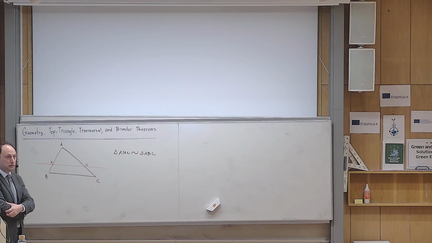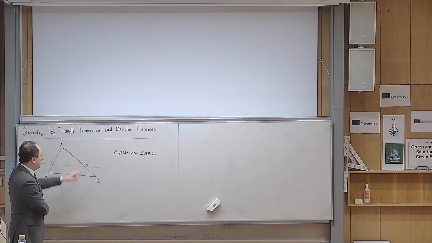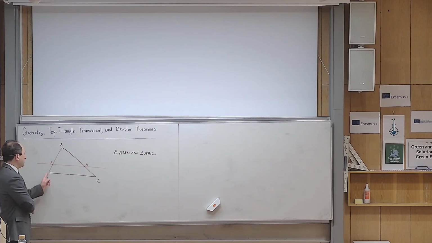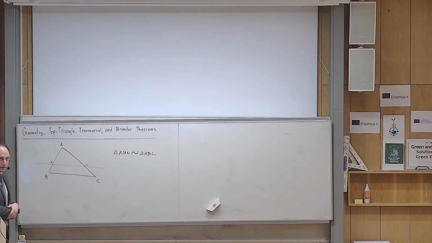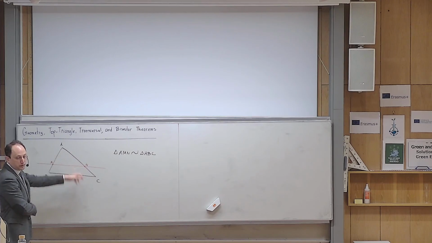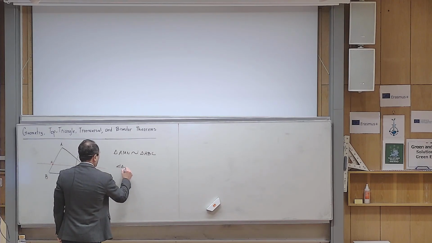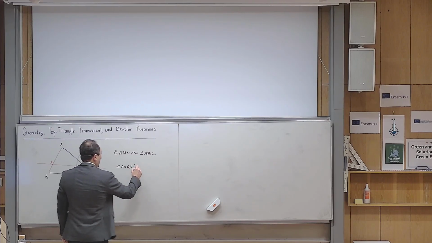So you need to convince me that two angles of this triangle have the same sizes as two angles of this triangle. One of them is very clear, isn't it? Angle A is not only an angle of the smaller triangle, but also an angle of the bigger triangle. So angle A equals angle A, the angle in common.